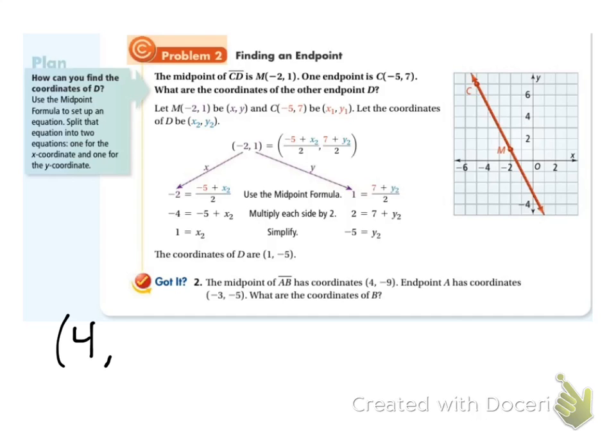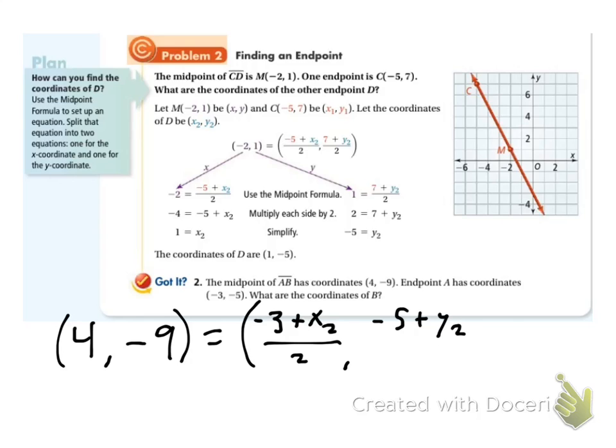I know that my final answer would be 4, -9, and that would be -3 plus x2 over 2 and -5 plus y2 over 2. So if I match these guys up, I know that 4 needs to be my final answer for this guy right here, and -9 needs to be my answer for this guy right here. So I can set up equations for that.